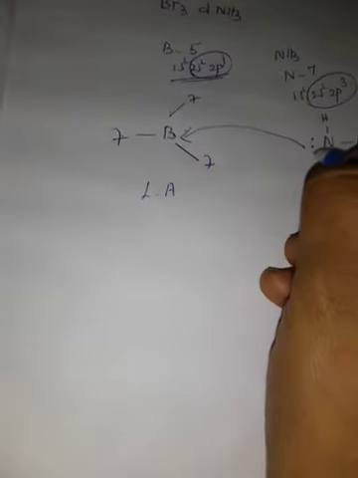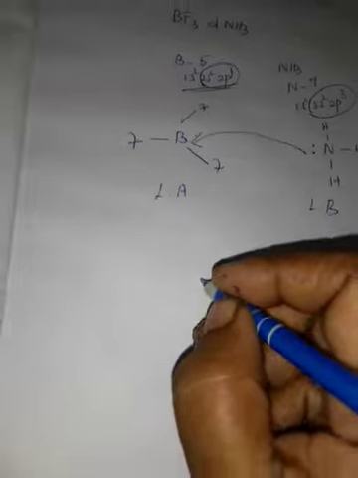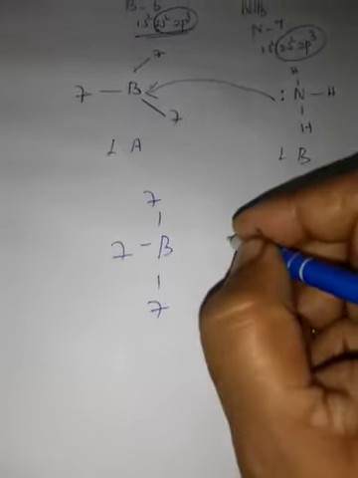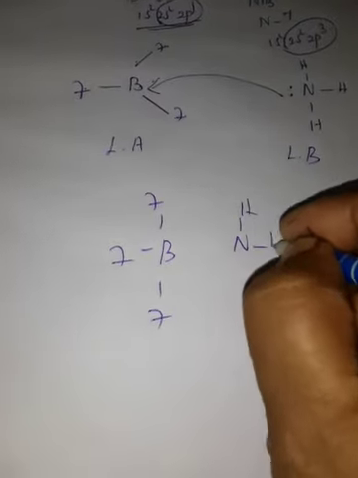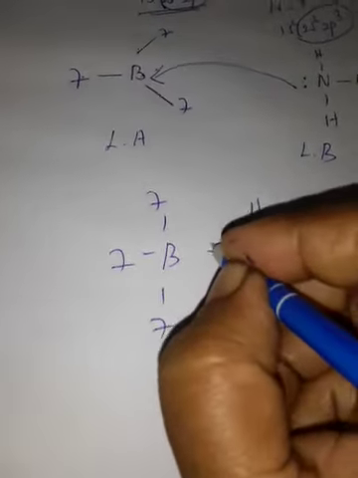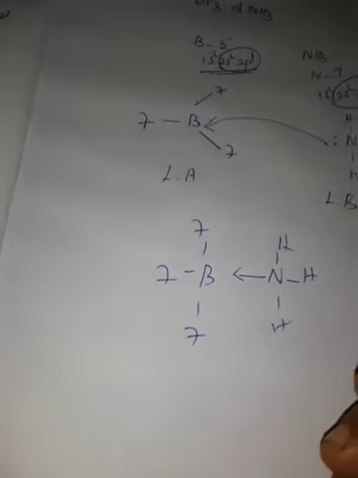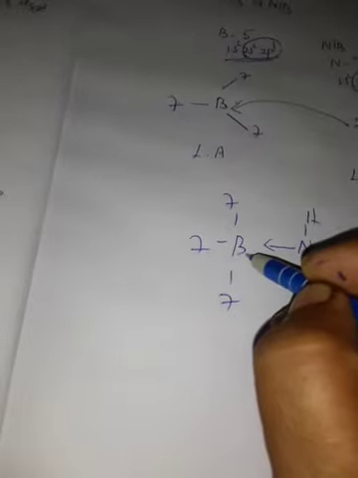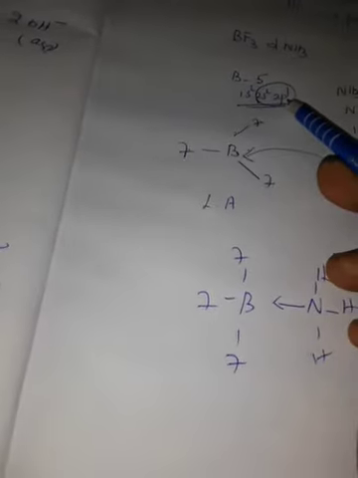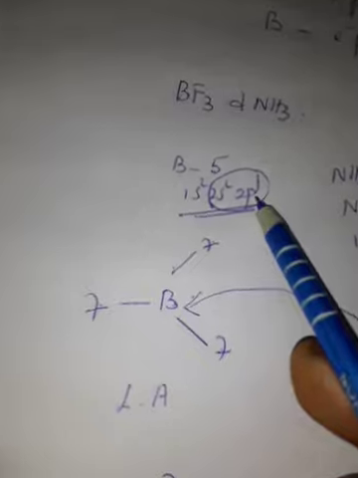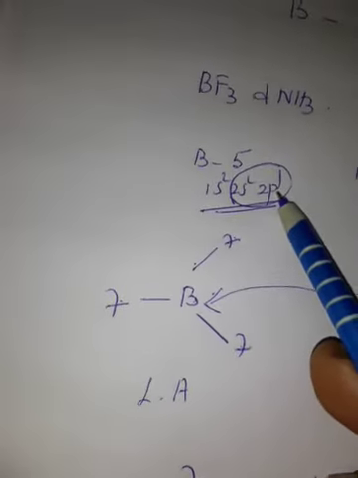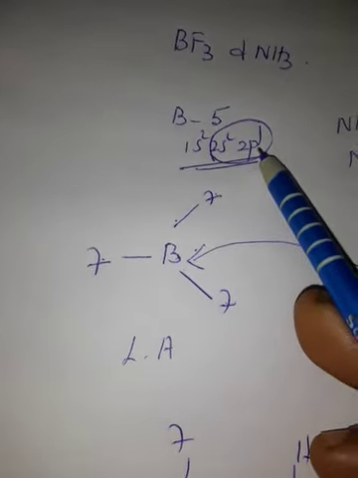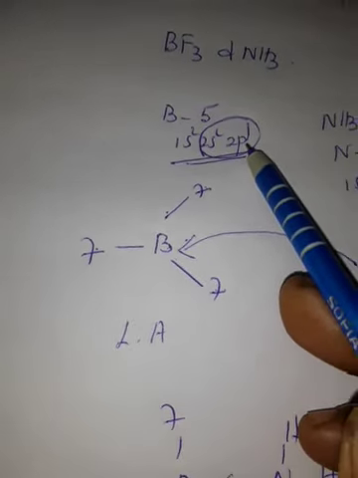Since this pair can be donated to boron, the bond between BF3 and NH3 is called a coordinate covalent bond, shown with a single-headed arrow. In boron the 2p orbital is vacant; a p orbital can hold 6 electrons, but now it has only 1 electron, so it needs 2 more electrons.